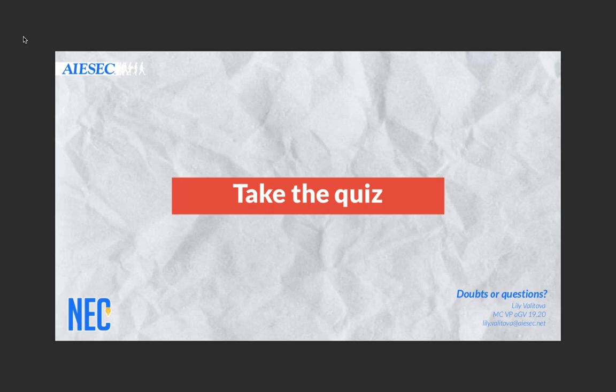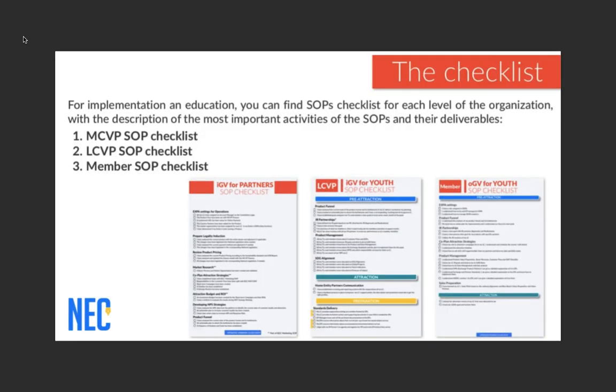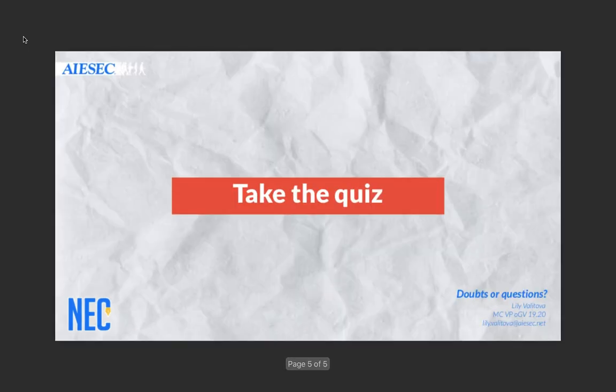So don't forget to take the quiz, and of course to go through this checklist first, which will also be in this national education cycle. And don't forget to go through the EP Manager Guide, which explains every single phase that we have, from open to apply, from apply to accepted, from accepted to approval, and so on.